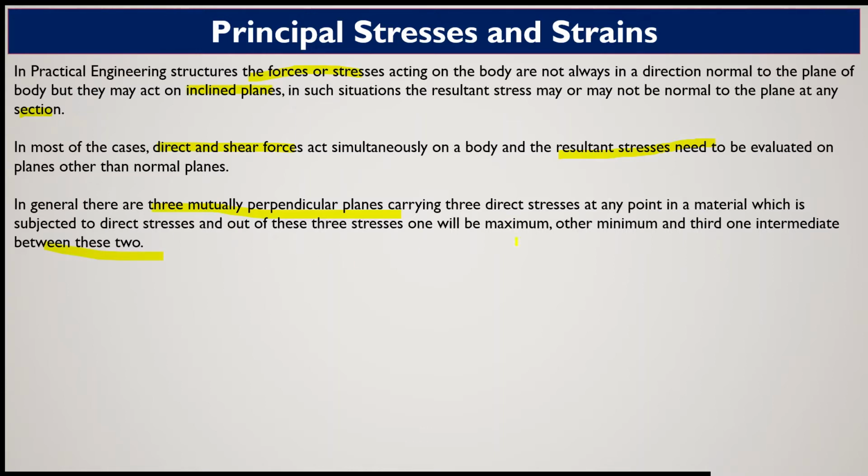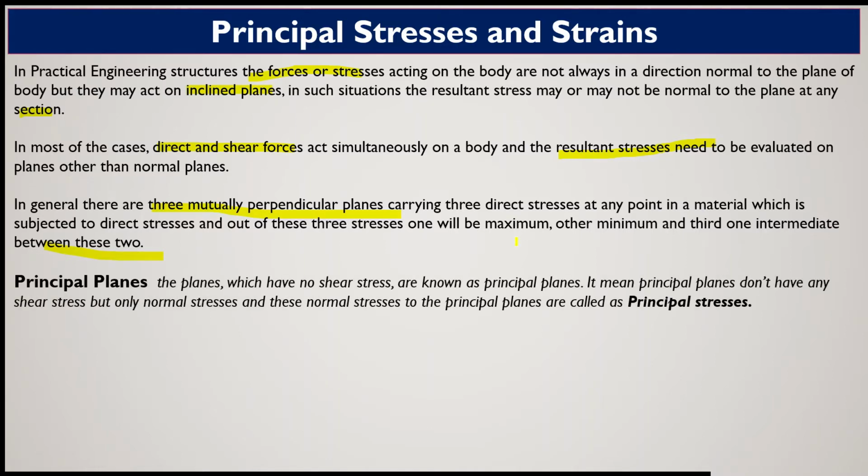That means there will be a maximum stress and a minimum stress, and the third one the stress in between these maximum and minimum values. Now we have to understand a new concept, that is what is a principal plane.